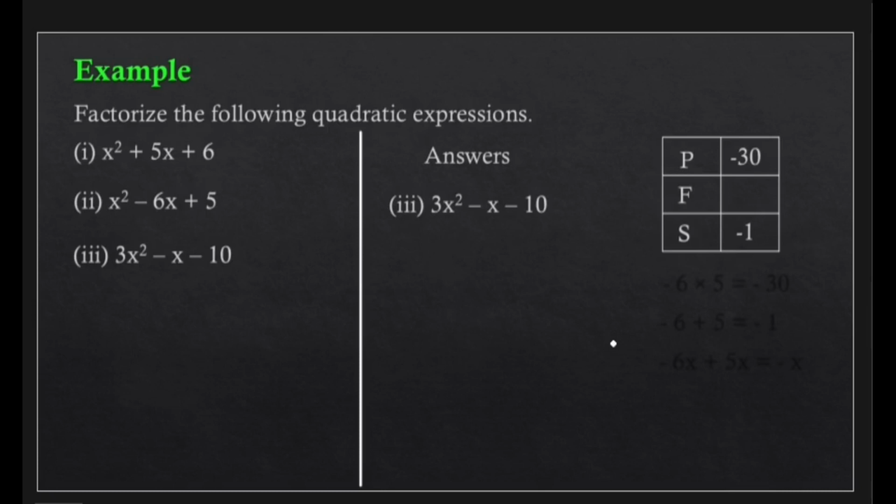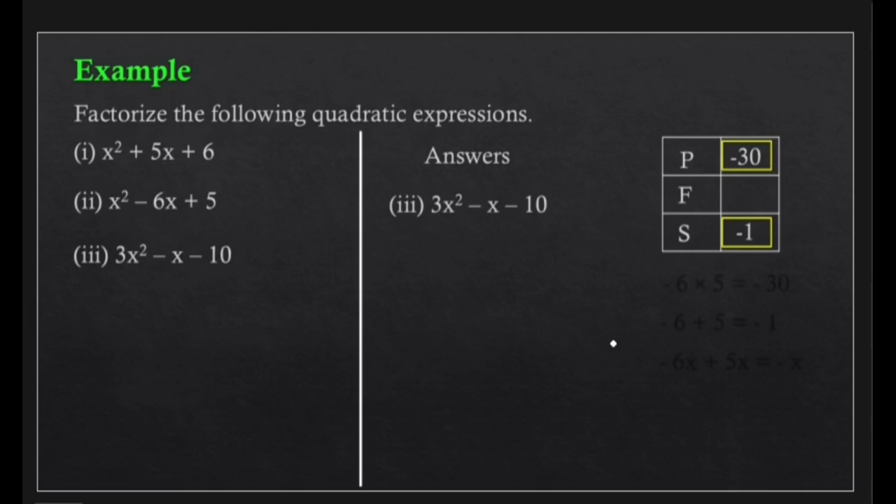Factors are numbers that can be multiplied to give another number. The factors we are talking about are two numbers which, when you multiply them, give you negative 30, and when you add them, give you negative 1. So you look for those two numbers.